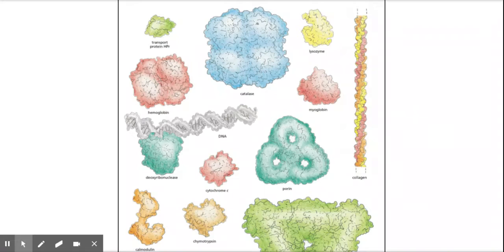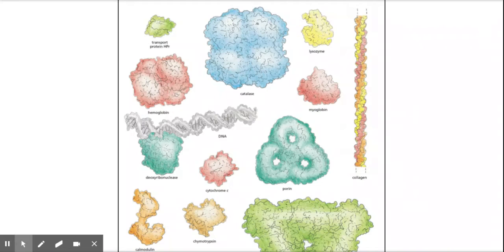Protein structures are made up of primary, secondary, tertiary, and quaternary levels. The primary structure is the amino acid sequence. Secondary is the alpha helices and beta sheets that form within the polypeptide chain.